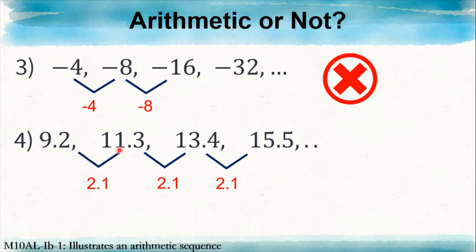So, 11.3 minus 9.2 is 2.1. 13.4 minus 11.3 is 2.1. Same goes with 15.5 minus 13.4 is equal to 2.1. So we have here a constant number being added to each of the terms. So this is an example of an arithmetic sequence.